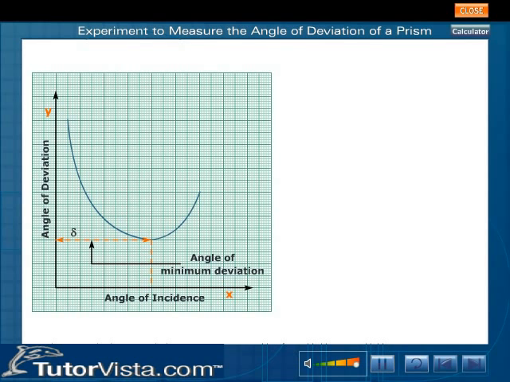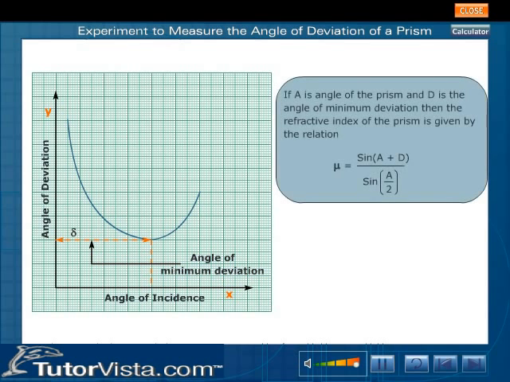The corresponding angle of deviation is called the angle of minimum deviation. If A is the angle of the prism and D is the angle of minimum deviation, then the refractive index of the prism is given by the relation mu is equal to sine of (A plus D) divided by sine of A by 2.